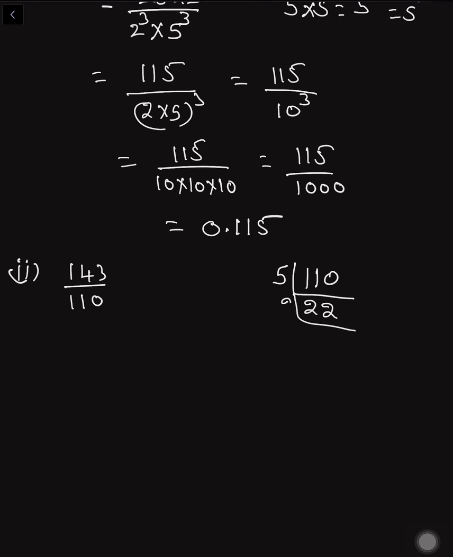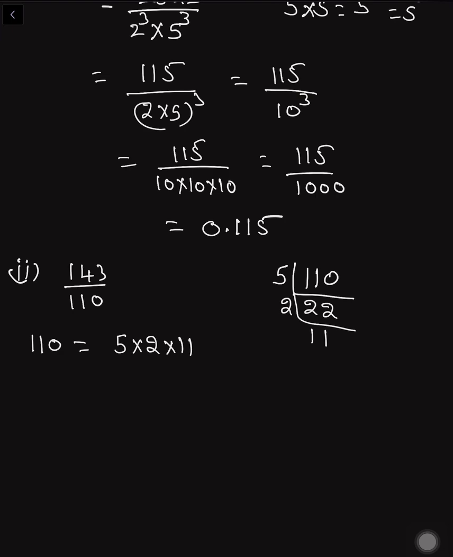Again 2 1s are 2. So the denominator 110 is 5 into 2 into 11.